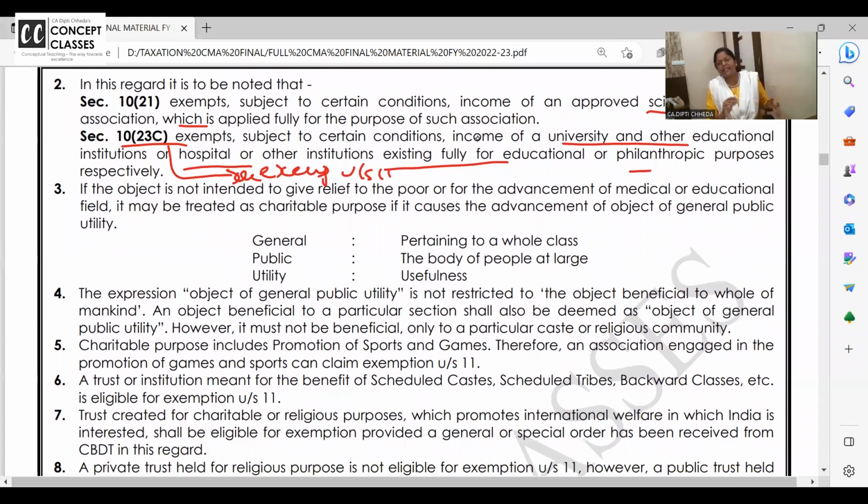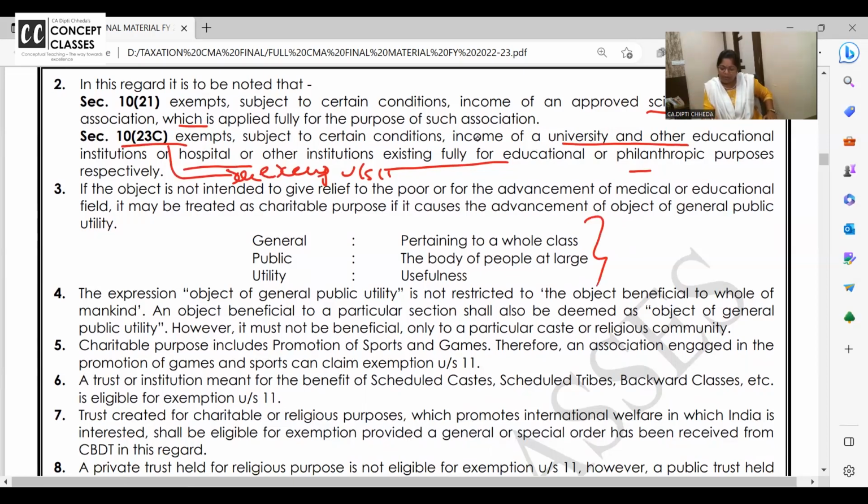And when I say formed for general public utility, it has to be for a broader class. But it's not everything open for all the public. For example, we have sales tax bar association, like the GST practitioners association. So who is going to be benefited? Only GST practitioners. The Institute of Cost and Management Accountants of India, only cost accountants.